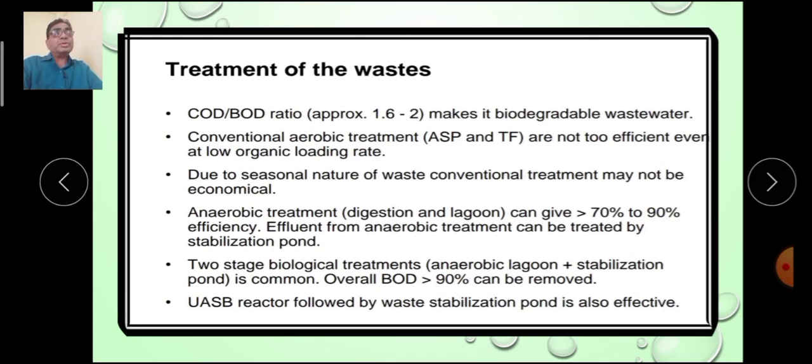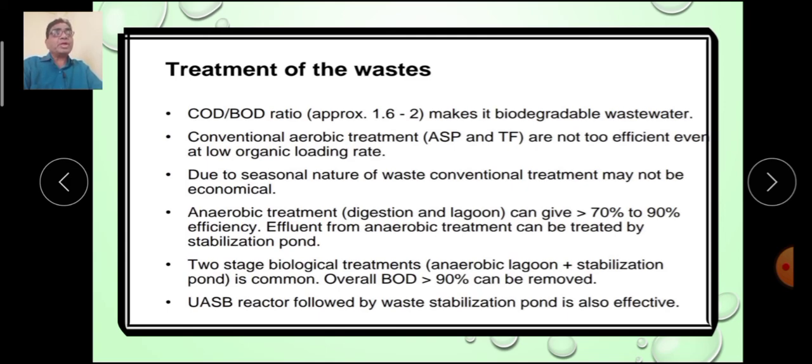Now, due to the seasonal nature of waste, conventional treatment may not be economical, because this wastewater is produced in the season of crushing, and therefore the treatment is also seasonal. Okay, and thus anaerobic treatment, that is a dilution lagoon, can give greater than 70% to 90% efficiency.